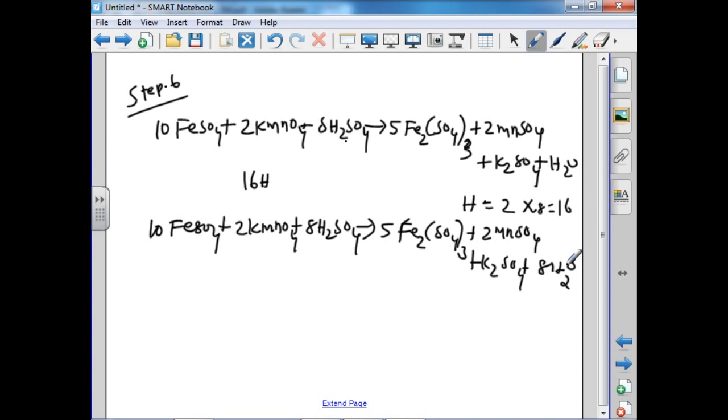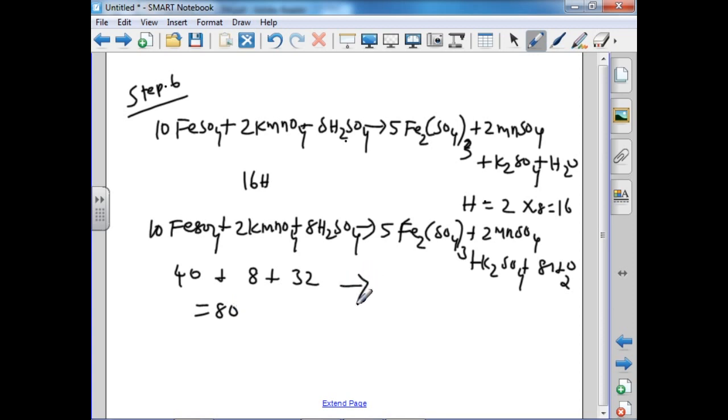So you have to check whether the oxygen is balanced or not. 40 plus 4 into 2, 8, plus 8 into 4, 32. So total 80.